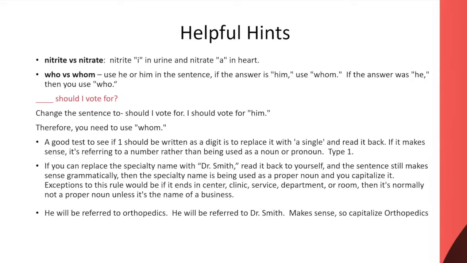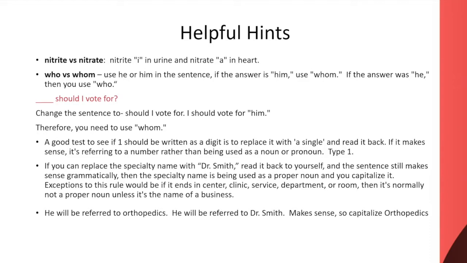Then put him. Him should I vote for? That doesn't sound right at all, right? So therefore him would cancel out the word whom, because him should I vote for doesn't make sense, right?